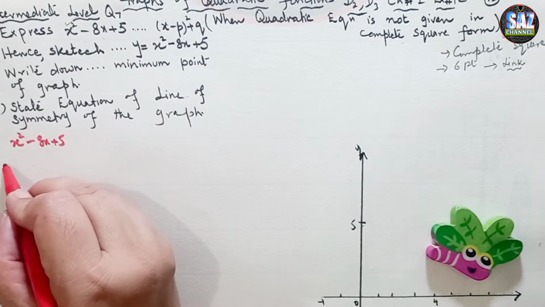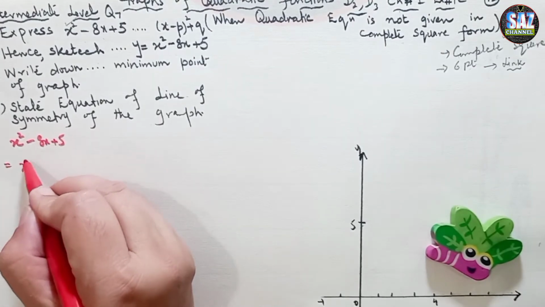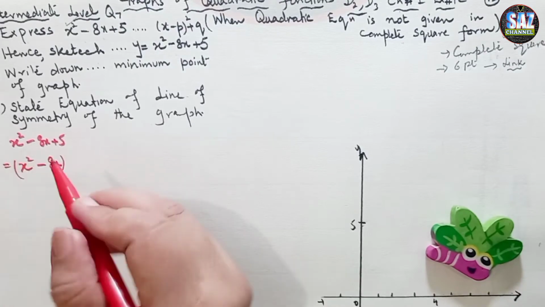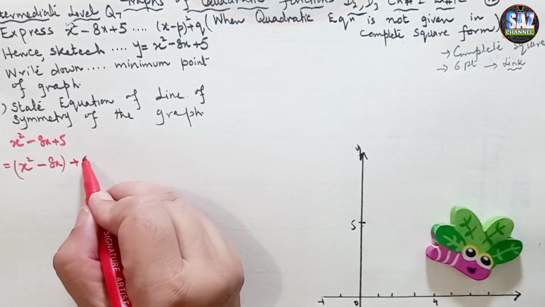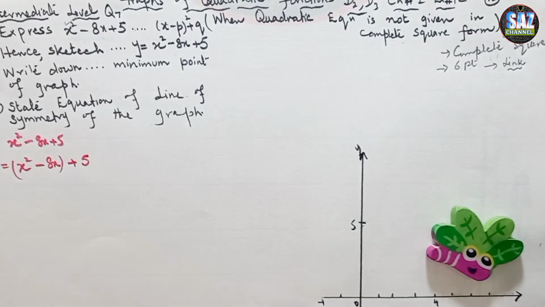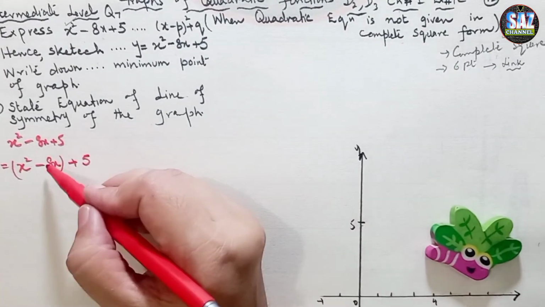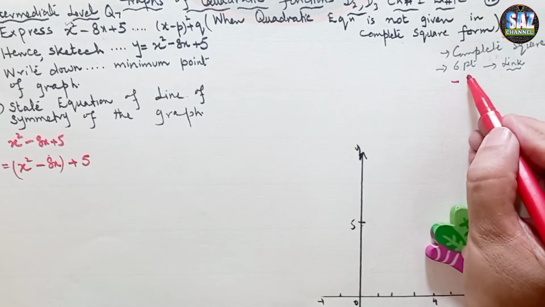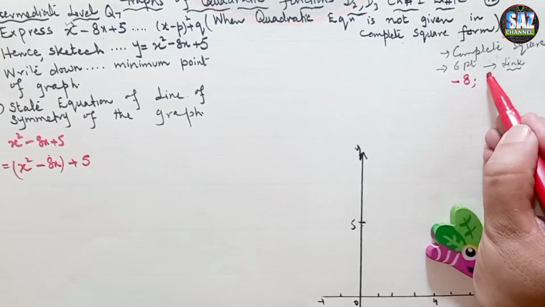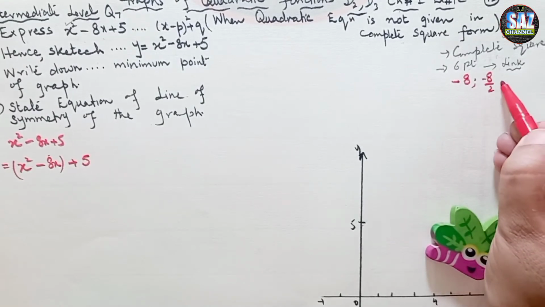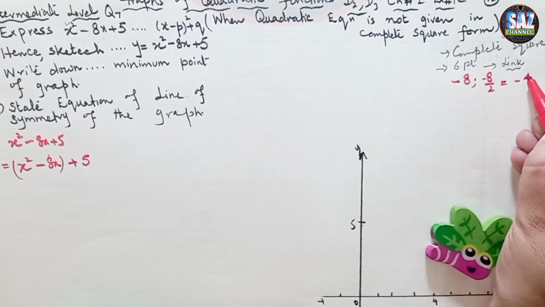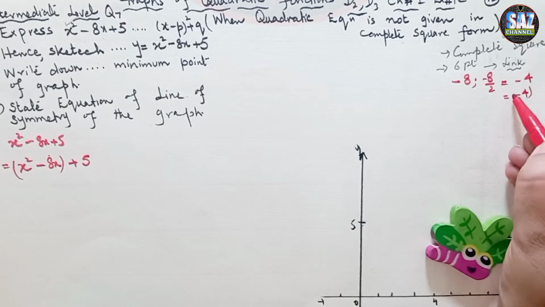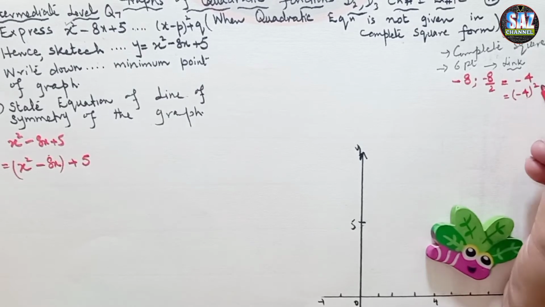Recall my previous lesson: for the completing square method, I have to keep these two terms in one bracket and I have to make the constant separate. Then we have to identify the coefficient of x, make it half, means divide it by 2, that becomes 4, and then we have to add and subtract the square of that half.